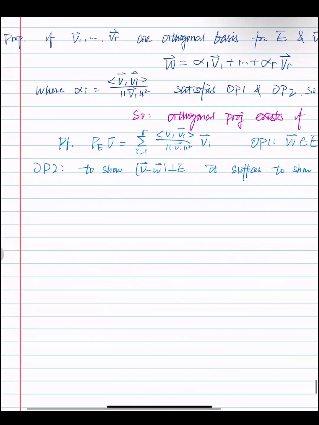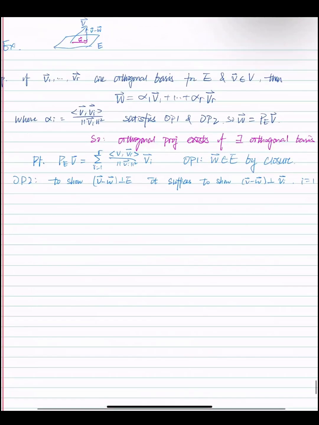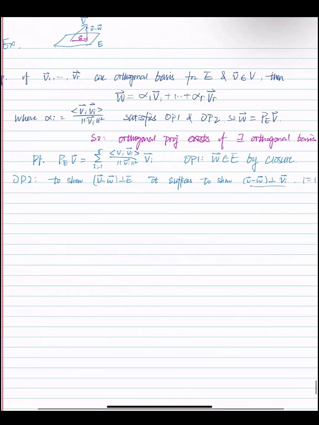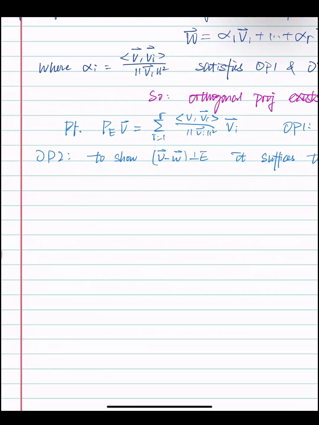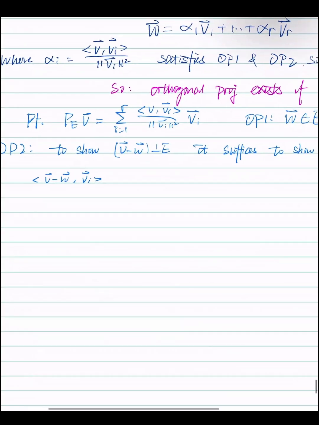So then we can write, so for this orthogonality, we need to do an inner product and show that it is 0. So let's do an inner product of V minus W comma VI. Okay, so we can represent W as alpha 1 V1 all the way to alpha R VR, inner product with VI.